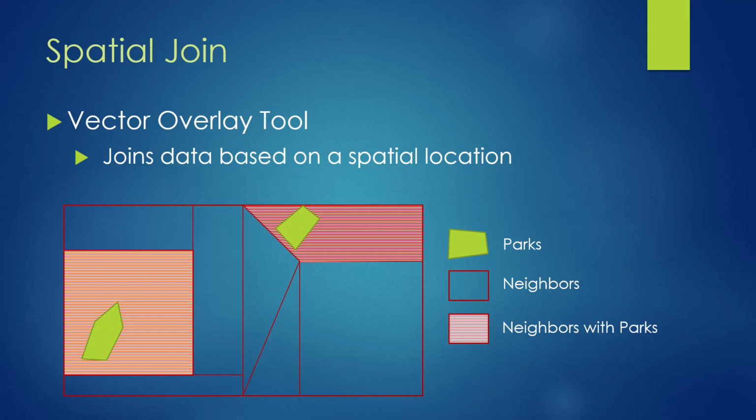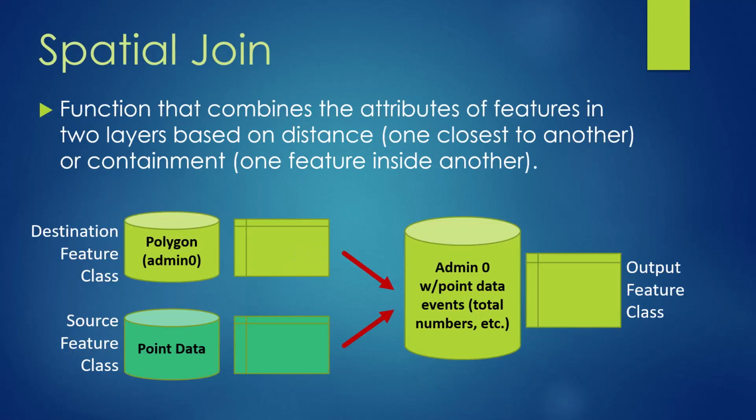By using the spatial join tool, you can create new maps that include both the park and the neighborhood information. So in the neighborhood, you will have the information about the park, and this will be reflected in the attribute table. Spatial join is a function that will combine the attributes of features into layers based on distance or containment. And as you can see here, we will always be using two different layers.